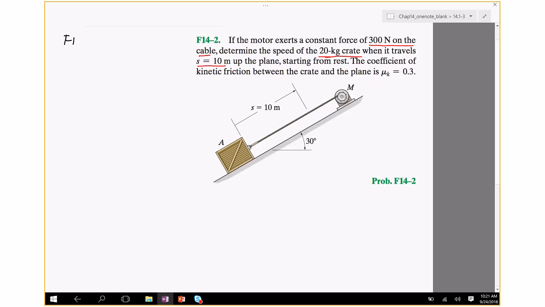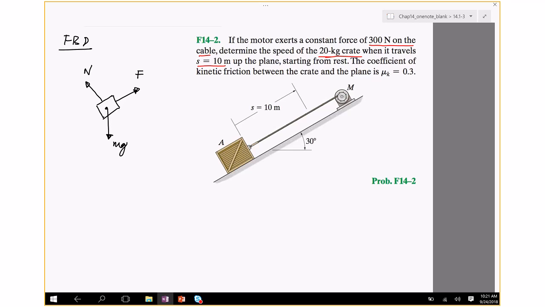So again, as I said, draw the free body diagram. Mg, N, and then there's a force which comes from the cable. Is that all? Friction.